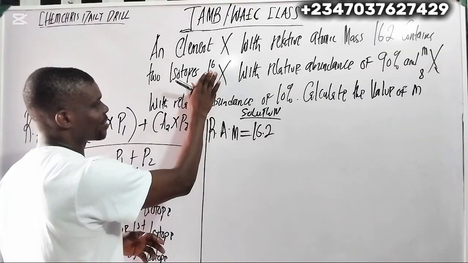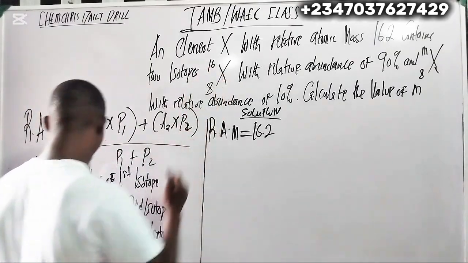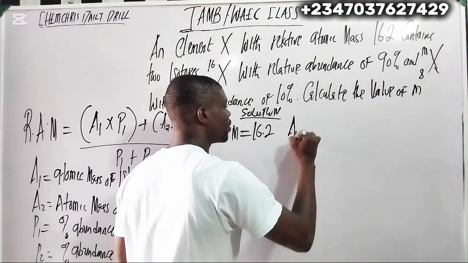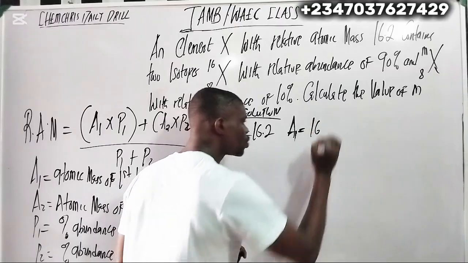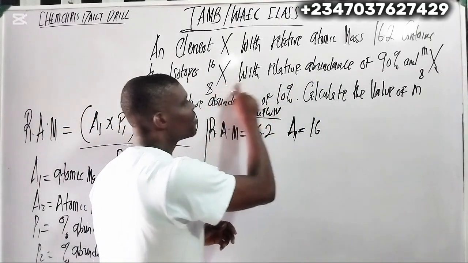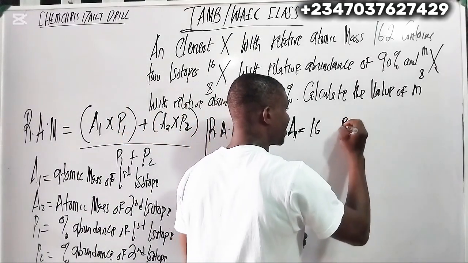Here we have isotope 16, which is the first isotope, and the mass number goes to the atomic mass A1. So I will have my A1 to be 16. This isotope has a relative or percentage abundance, which is P1 to be what?